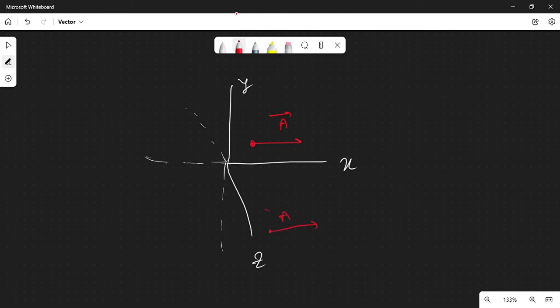We move this vector A from point C to point D without changing the magnitude or the direction. So neither the magnitude nor the direction is changed, but we moved vector A from point C to point D. This type of vector is called an open vector.